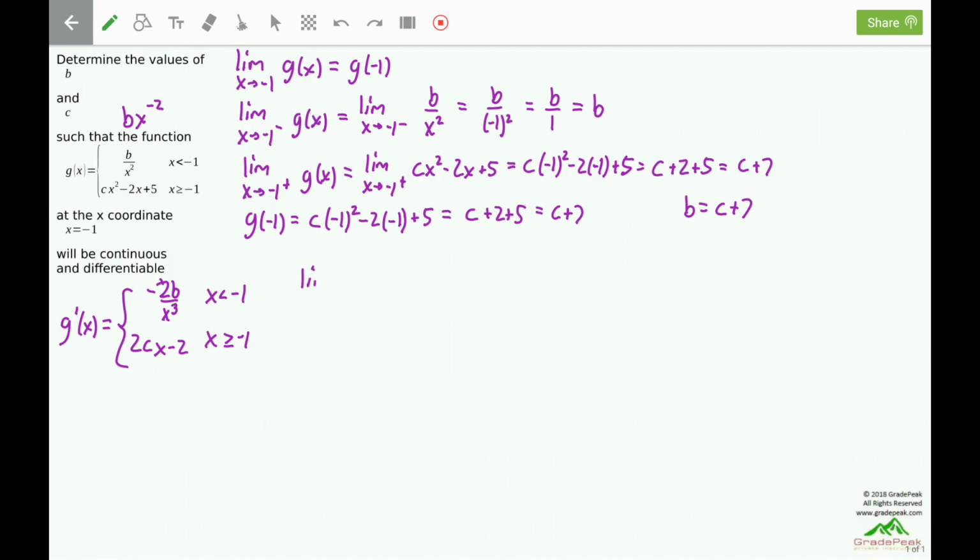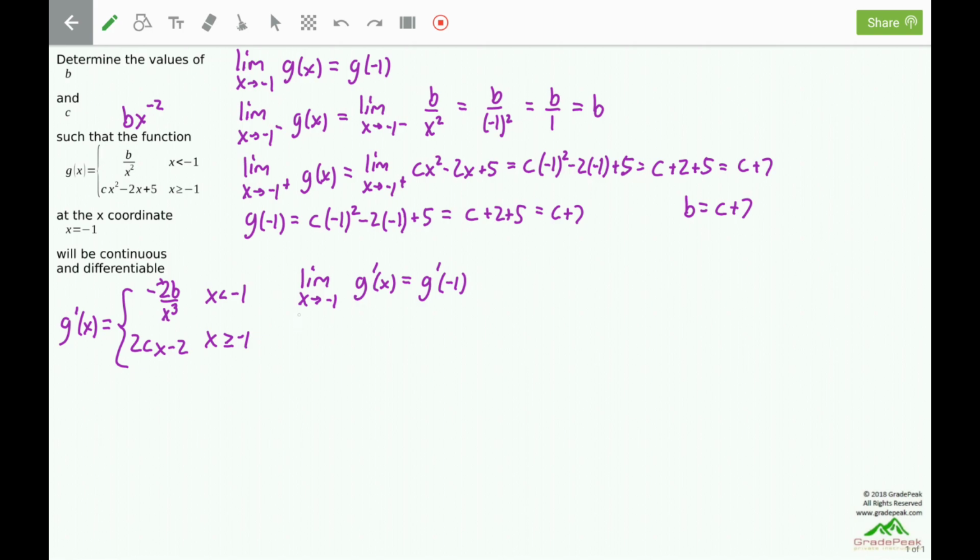We need this function, g prime of x, to be continuous at -1. That's what it means to be differentiable, the continuity of the derivative. So it'll be the two-sided limit as x approaches -1 for both sides of g prime of x equals g prime of -1.